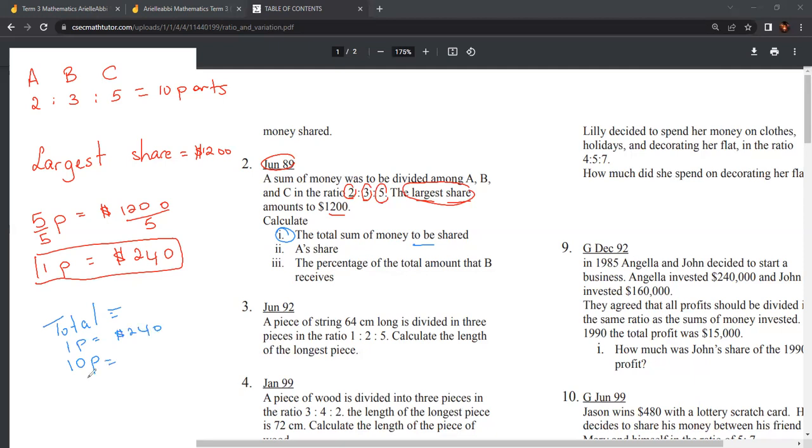So 10 parts: whatever I do to this side to make it 10, I would multiply by 10, so I must also multiply this side by 10. So 10 parts will be 240 times 10, which is $2,400. So that's the total sum of money shared amongst the 3 individuals.